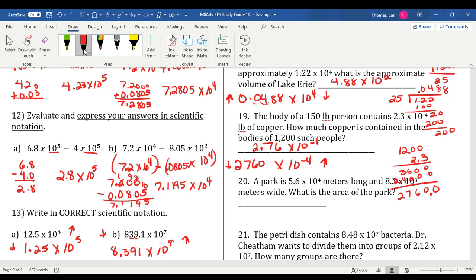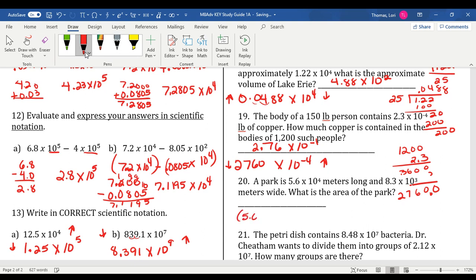Okay, now a park is 5.6 times 10 to the 4th meters long. Let me erase this a little bit. And 8.3 times 10 to the 3rd meters wide was the area. So again, we're just multiplying.